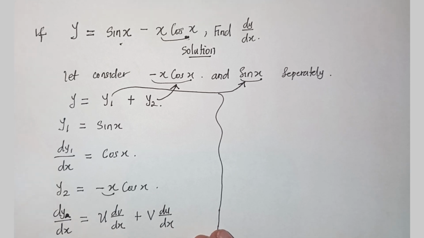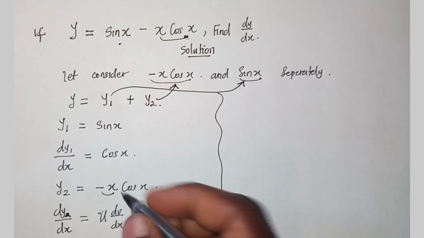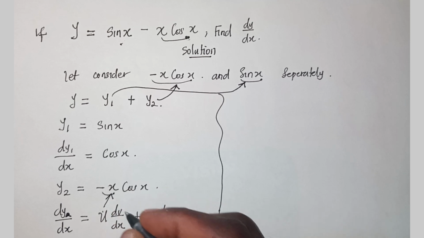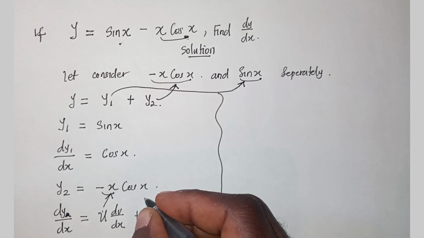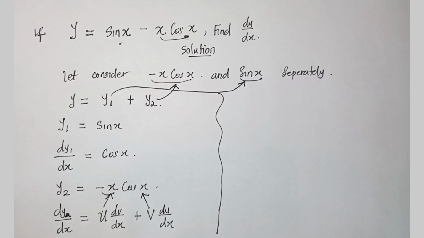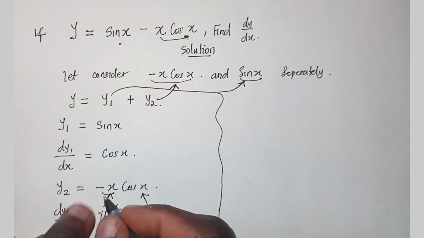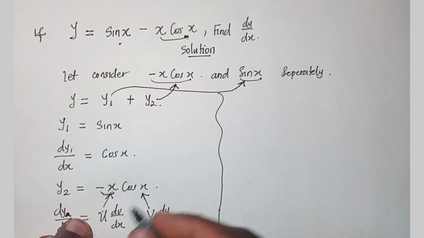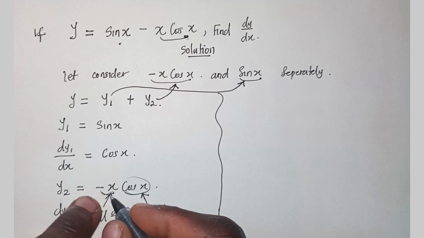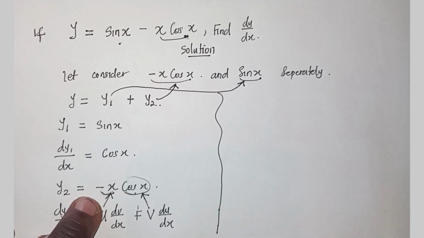That is the formula for the product. So our u is minus x, and our v is cos x. We will leave u and differentiate cos x, plus we will differentiate u and leave cos x.